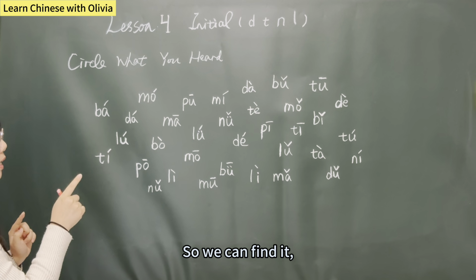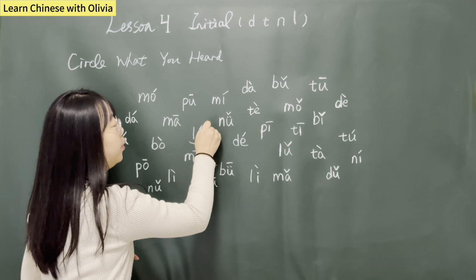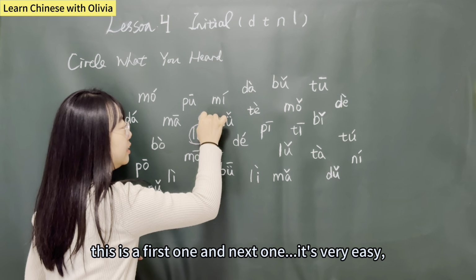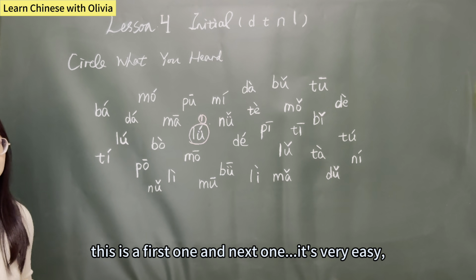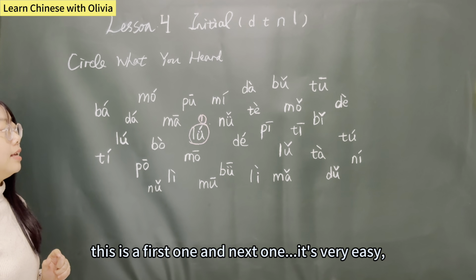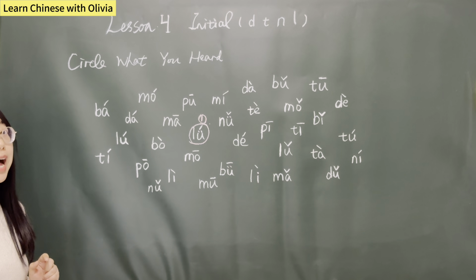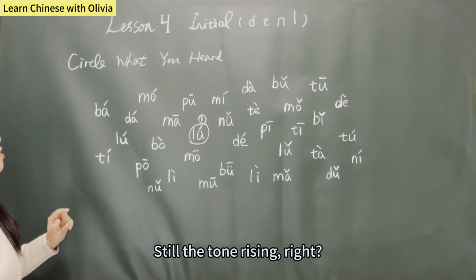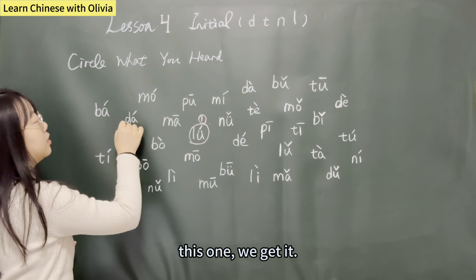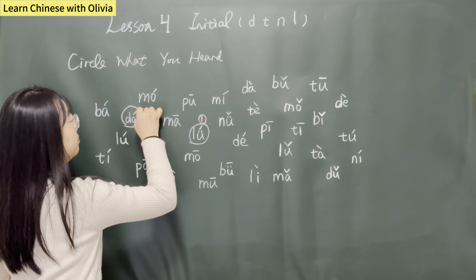So we can find it. 驴, right? This is the first one. And the next one, 打 is very easy, right? Still the rising tone. 打, yeah, this one we get it.